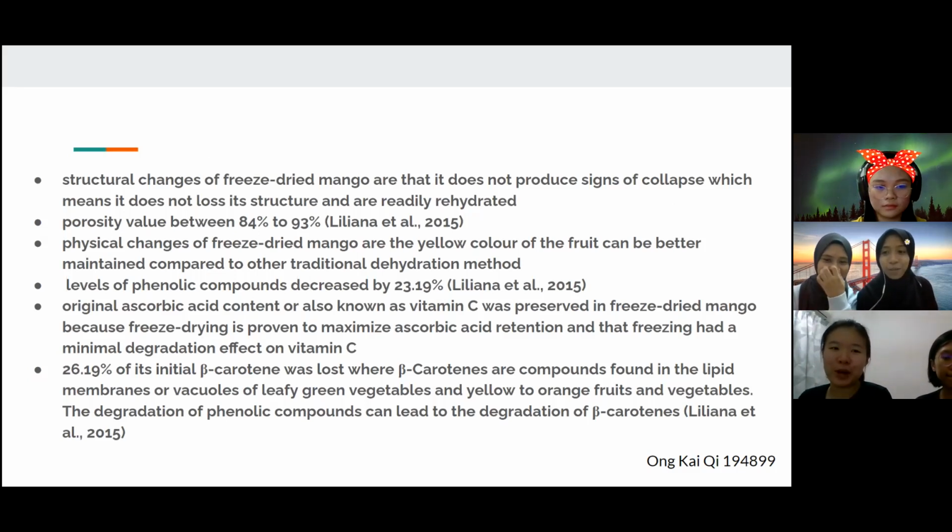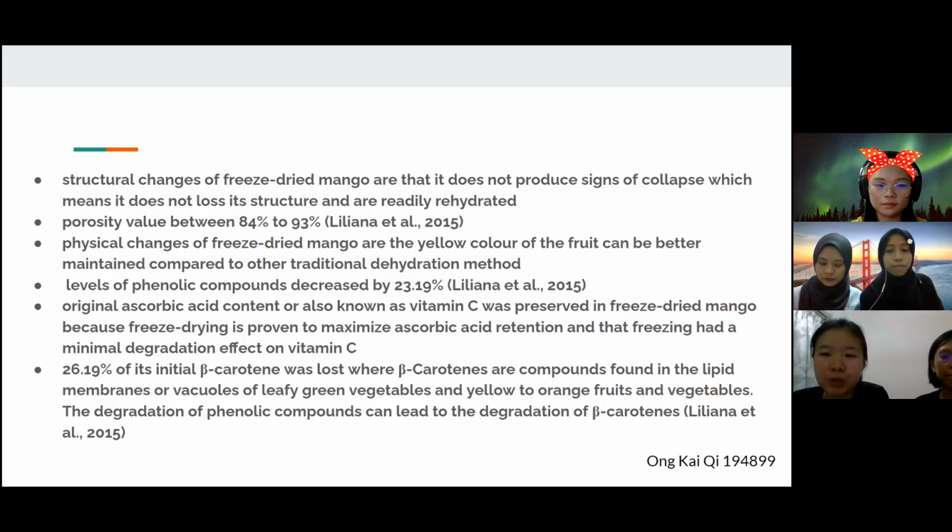We choose the freeze drying process because the structural changes are minimal, so the mango does not lose its structure. Besides, the porosity value will be between 84 to 93%. The yellow color of the mango can be better maintained compared to other traditional dehydration methods.